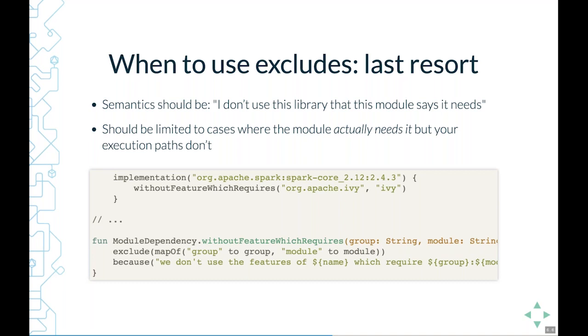Well, you'll have to look at the Spark code and understand how they structure the library and everything. And the goal here is not to discuss whether they were right or wrong. The thing is, you found a way to use Spark that does not require Ivy. An exclude could be an expression of that right now. And so here we see again the code that Cedric showed in his demo.